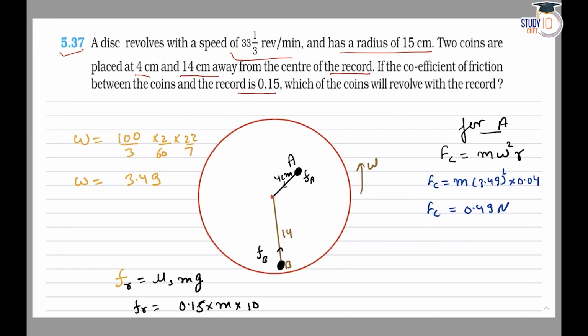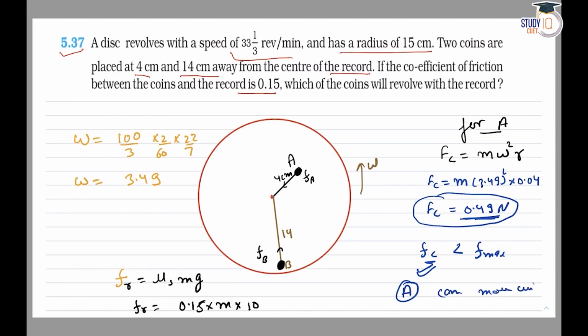So to move in a circle, the centripetal force required is 0.49 Newton, and the maximum force which is available is equal to 1.5 Newton. So FC is less than F maximum. The requirement is less than the maximum, so this requirement can be fulfilled. So A can move in a circle. A can move with the record.